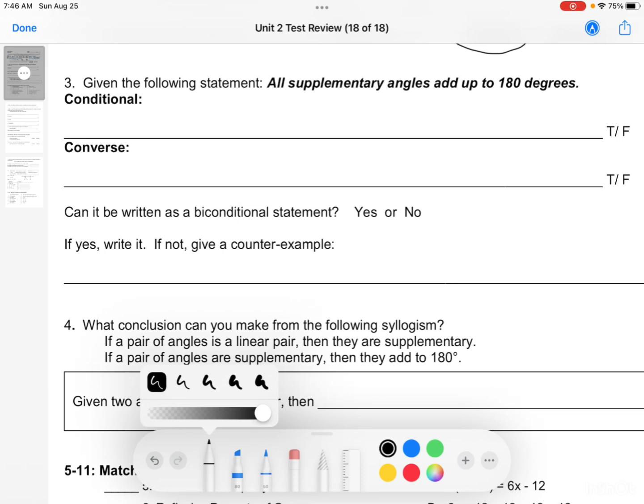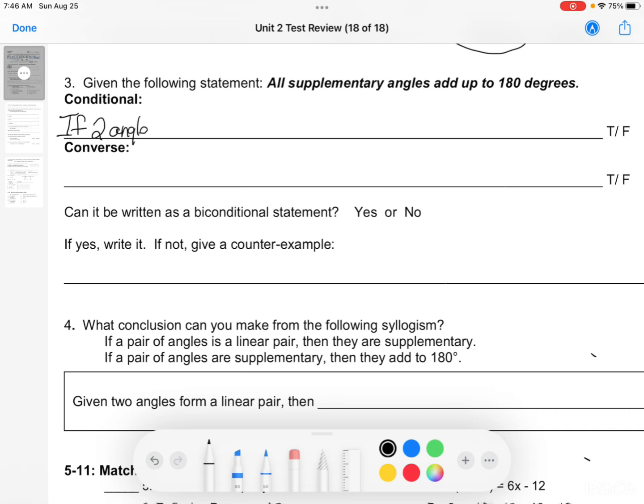So the conditional would be, remember, conditional, you add if into it: if two angles are supplementary, then they add up to 180. Okay, and that would be true.